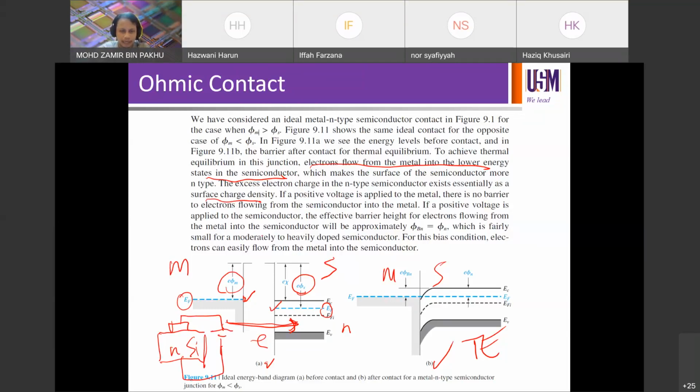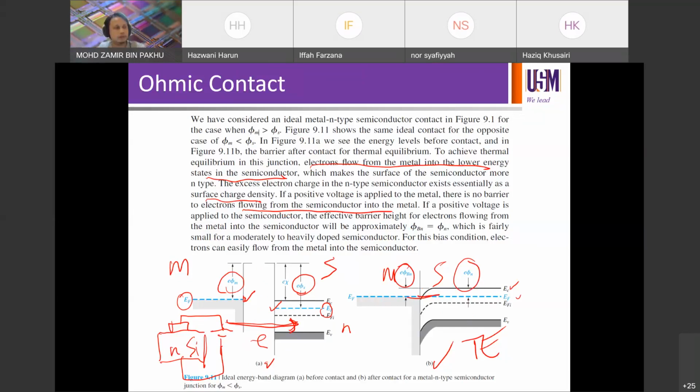So electrons will flow from the semiconductor into the metal. Look at the band diagram here. phi Bn on the left, phi n on the right, and the rest remains the same, single EF. You should be able to draw the rest as well. If positive voltage is applied to the semiconductor, the effective barrier is very high.